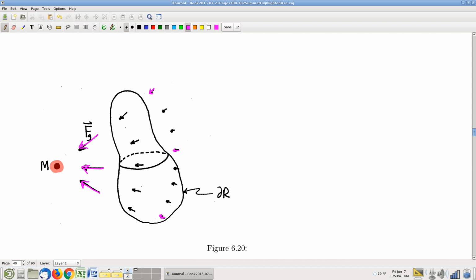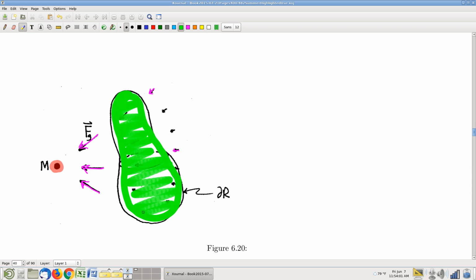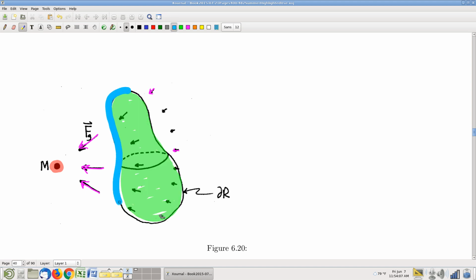And so this is not a really simple gravitational field. Now I want to ask the question, let's talk about the flux of this gravitational field through the boundary of R. R is this region here, the solid region. And I want to talk about the flux through the boundary surface there.